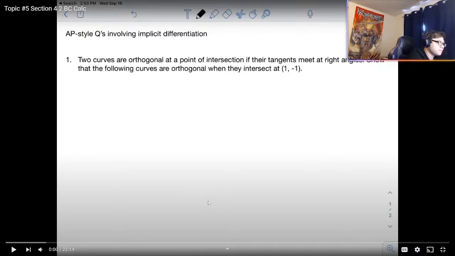Orthogonal at a point, point of intersection. If they're tangents, tangents meet at right angles, so they're normal to each other.